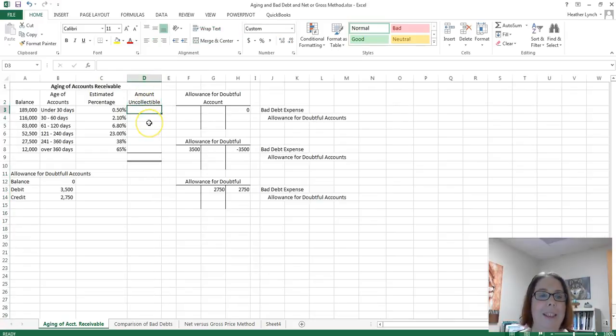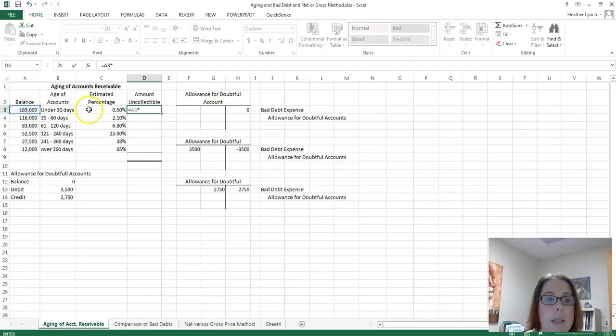Sorry, that was kind of hidden there. The amount that is uncollectible, we're going to take our balance and multiply it by the estimated percentage that we have picked for each portion of the aging.